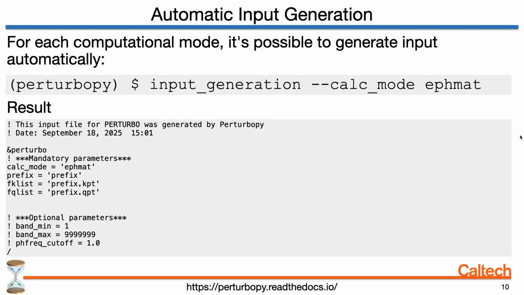Each computation mode requires a different set of mandatory and optional parameters, which you don't know before reading about these calculation modes. In order to simplify work with each computational mode, we have this interactive workflow, which I showed earlier, and also a tool called the automatic input generation program, which can provide you with the input file for each computational mode.